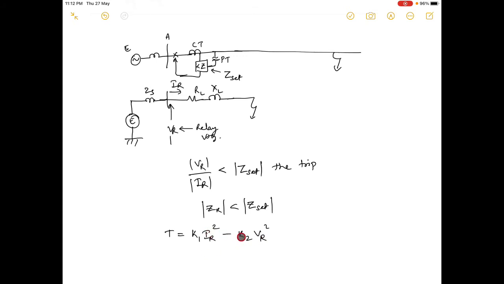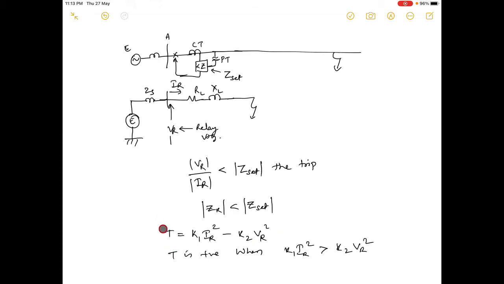So it means what? Torque is exerted means what? It is positive. When will this be positive? When this is greater than this. So torque is positive when K1 into IR square is greater than K2 into VR square. Do you agree?